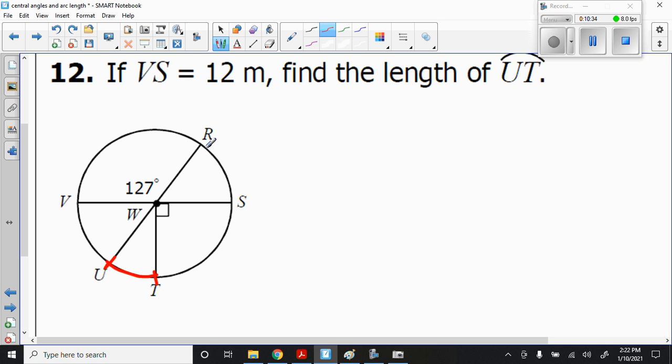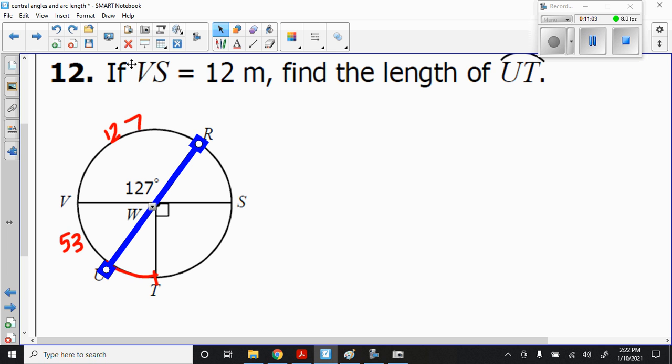All right, so I do see that I have a half circle here. I'm going to use that 127. I'm going to say 180 minus 127. I'm going to get 53. So these two pieces get me 53. So I got a 127 out here, a 53 out here.